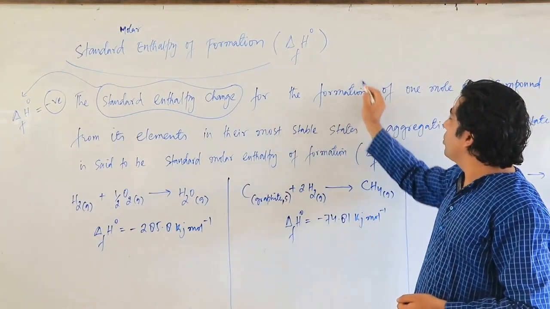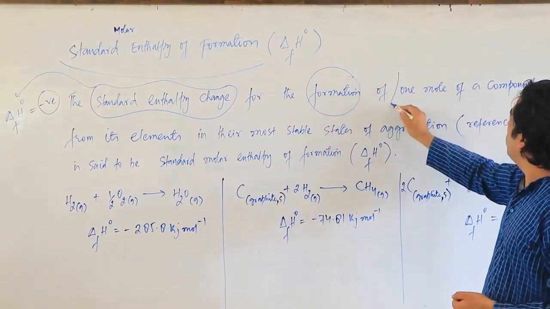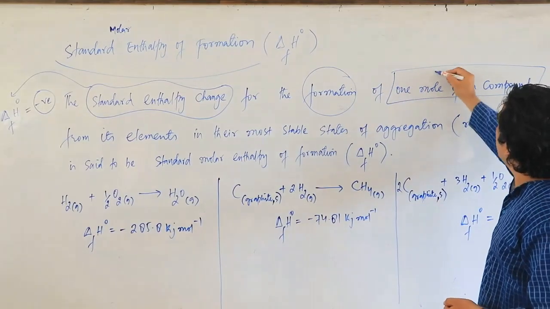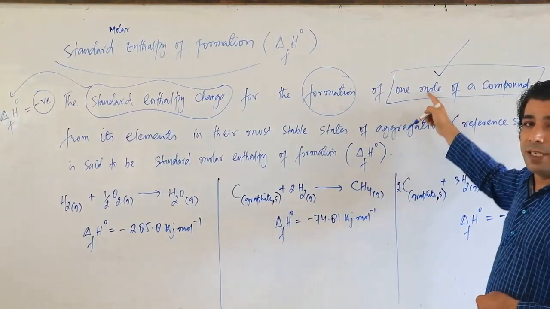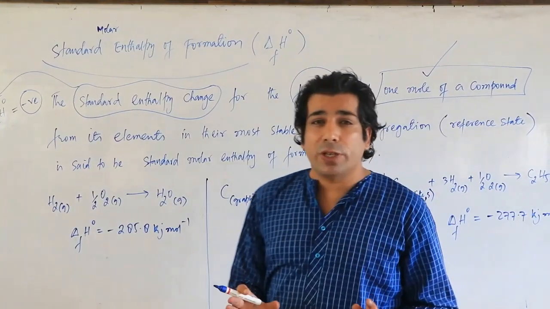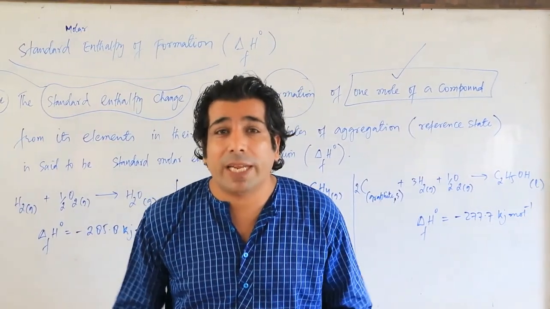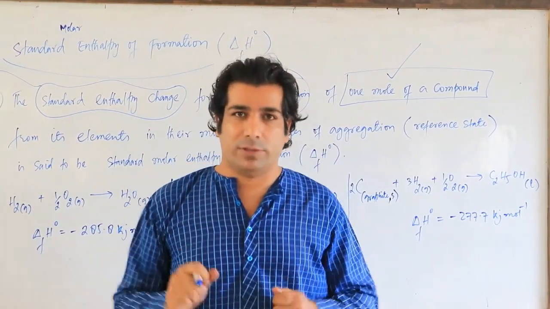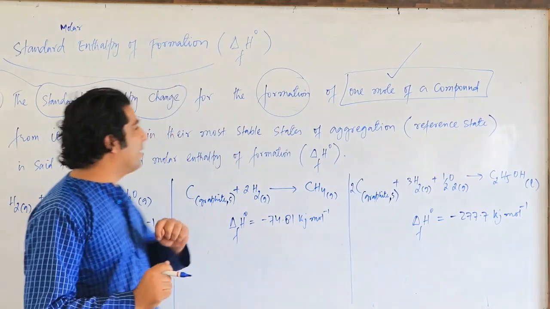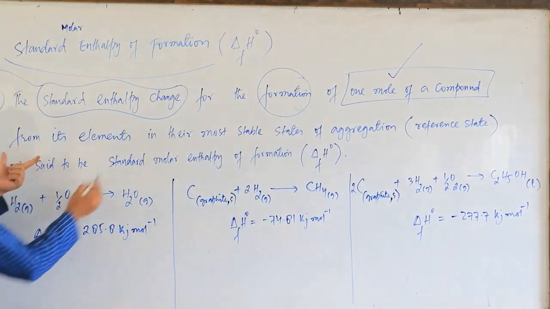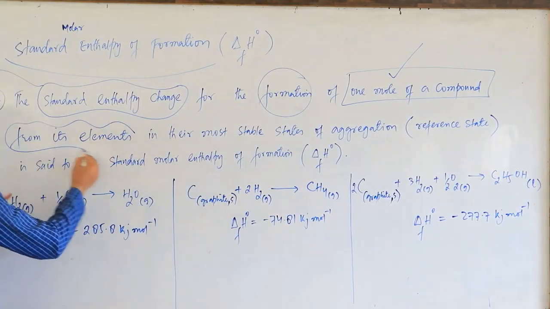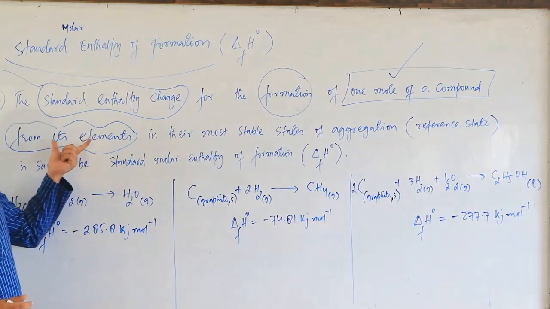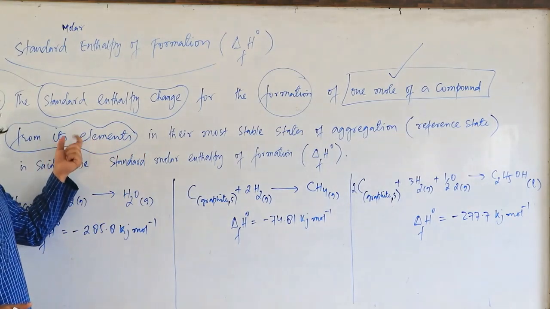For the formation of 1 mole of a compound, this is very much important, remember this. So for the formation of 1 mole of a compound means you are making 1 mole of a compound. Remember this point? Second thing, from its elements. So that means 1 mole of a compound is made from its elements.